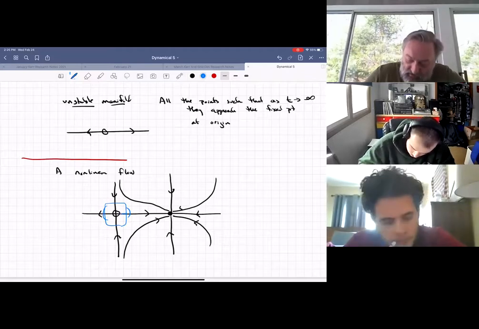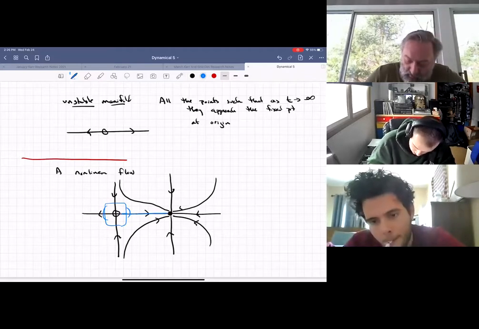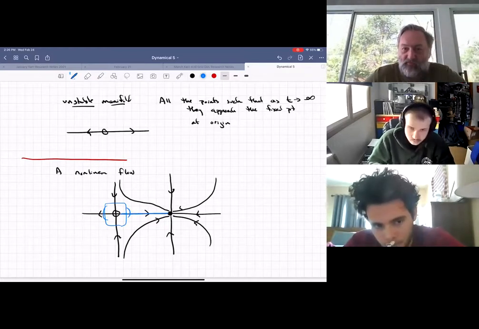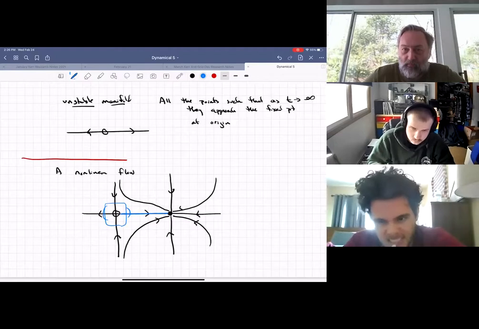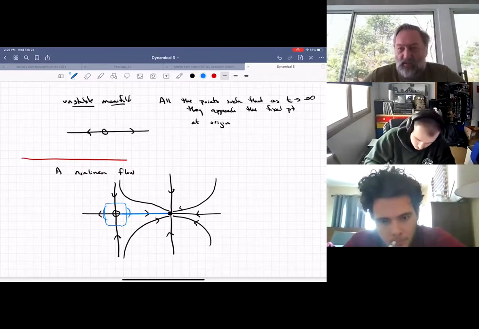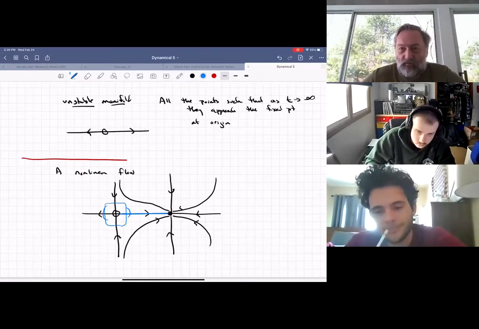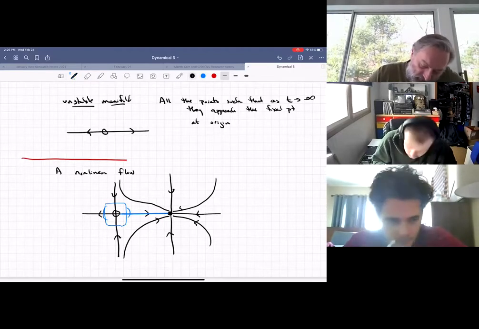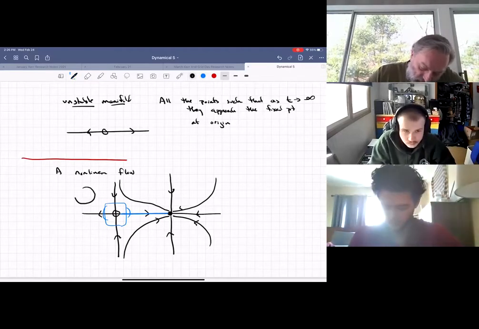Part of the unstable manifold of this fixed point is becoming part of the stable manifold of the next one next to it. And then over here, we might have a limit cycle.